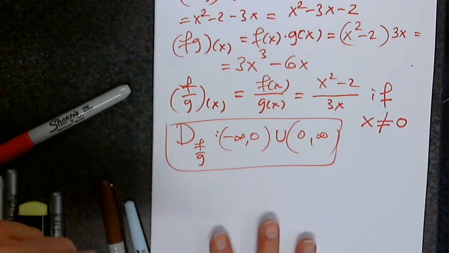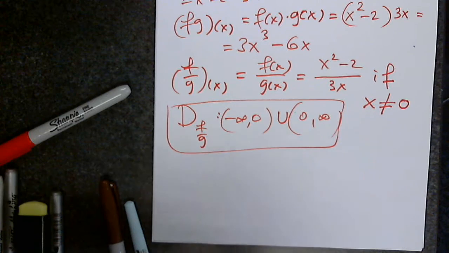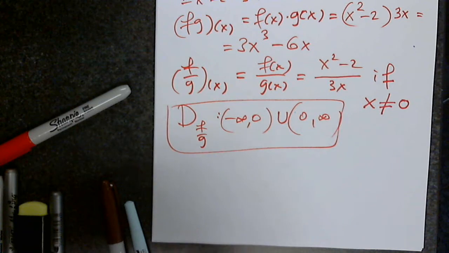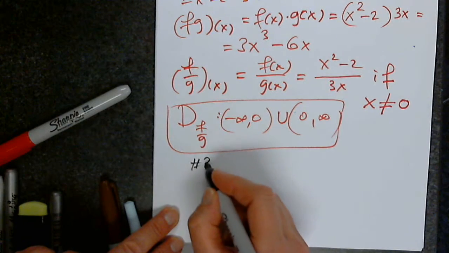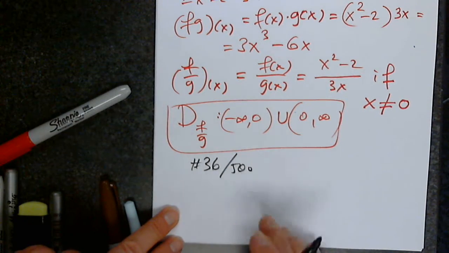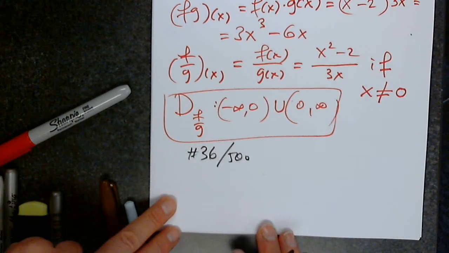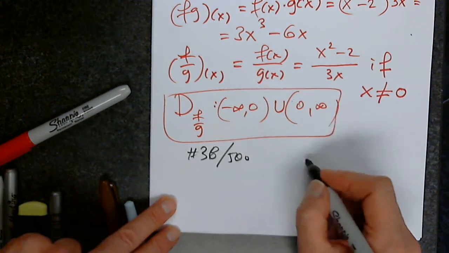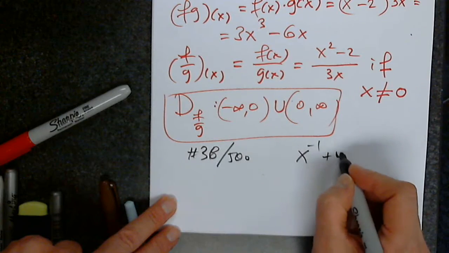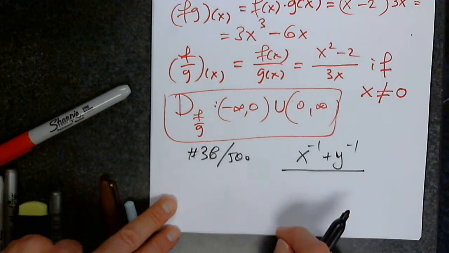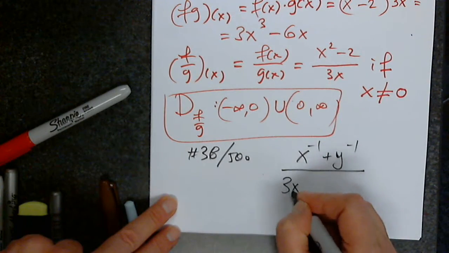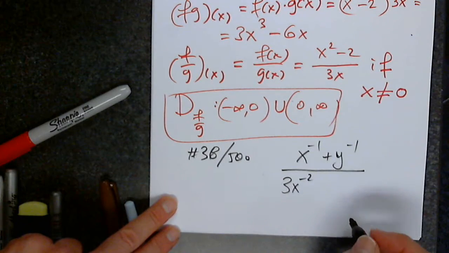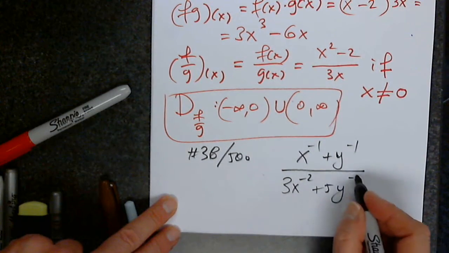Back to complex rational expressions on page 500. Problem 38: x to the negative 1 plus y to the negative 1 over 3x to the negative 2 plus 5y to the negative 2.